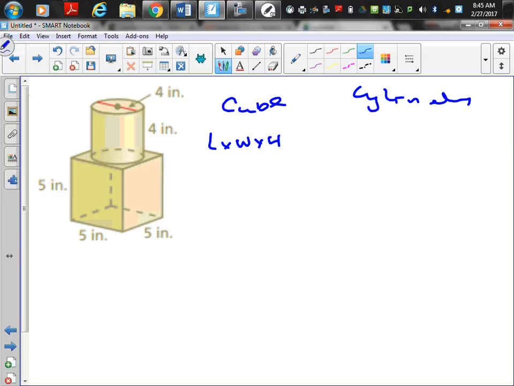Pi? Good. So a cylinder is pi, radius squared, height. Alright. So back to our cube. We know it's 5, 5, and 5.